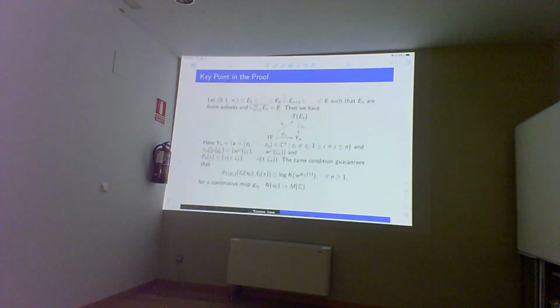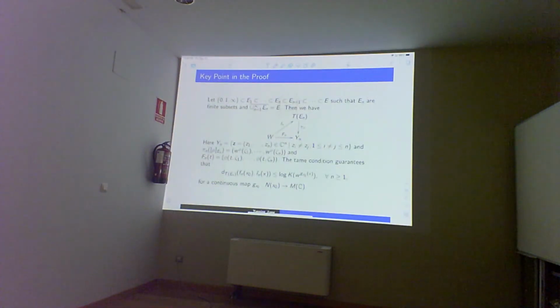Okay, so now the key point, as I said, is to prove this so-called lifting, right? So now you take E1, ..., En, a sequence in E, such that the closure of the union of En equals E. Then for this Fn, you can easily define it by what I think is called Nag's theorem.